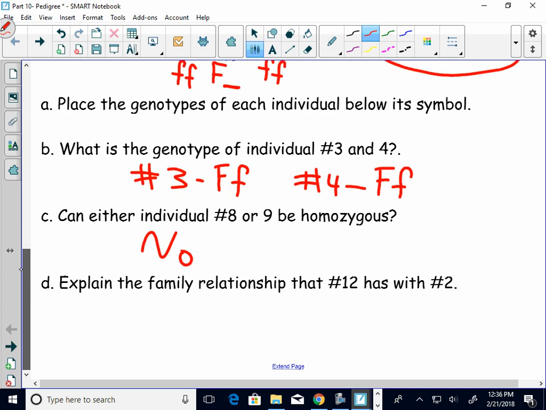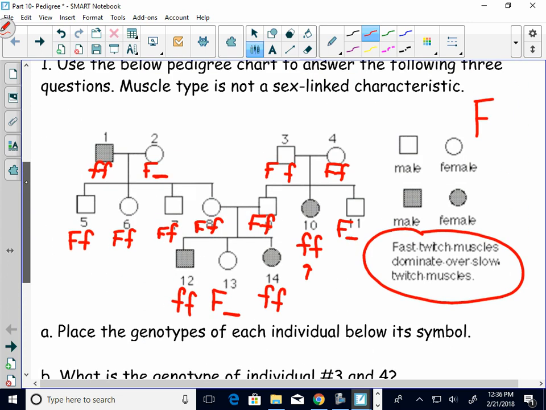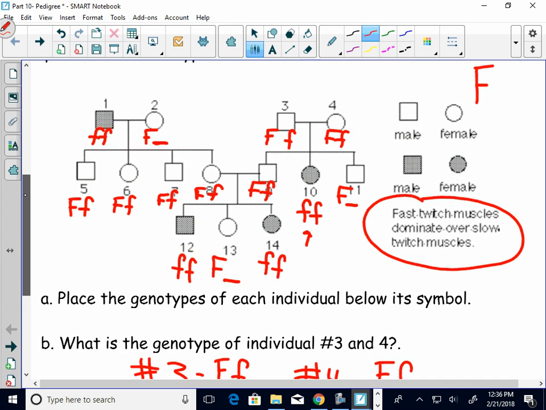What is the relationship between number 12 and number 2? Number 2, number 12. Number 2 is the grandson. Number 12 is the grandma. Okay?